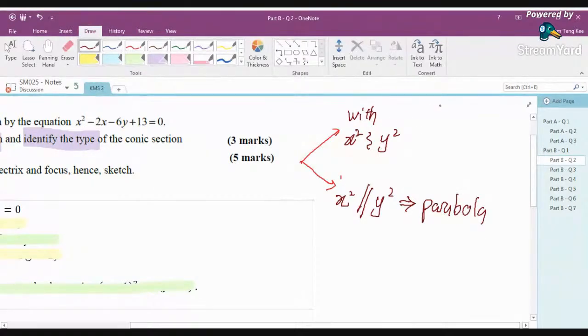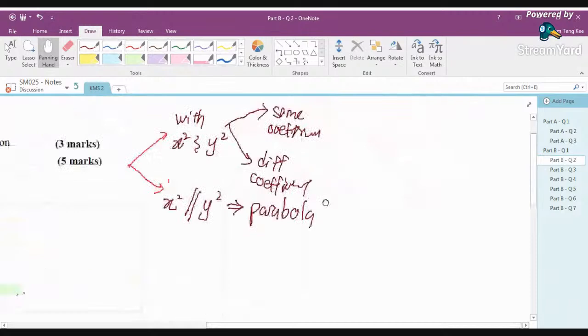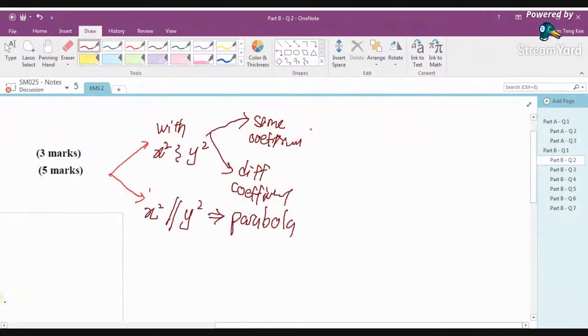Then if there are both, we see whether they have the same coefficient or different coefficients. That means we look at your x squared and y squared, whether they have the same coefficient. So if the x squared and y squared have the same coefficient, it is a circle. If the coefficients are different, then it happens to be an ellipse.